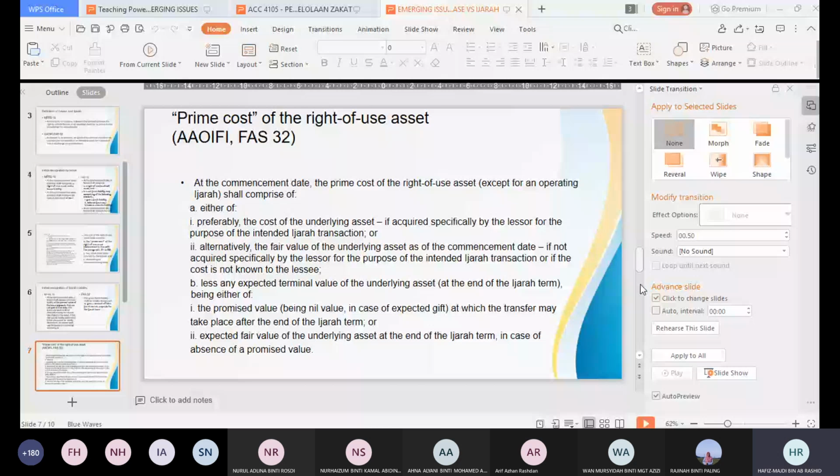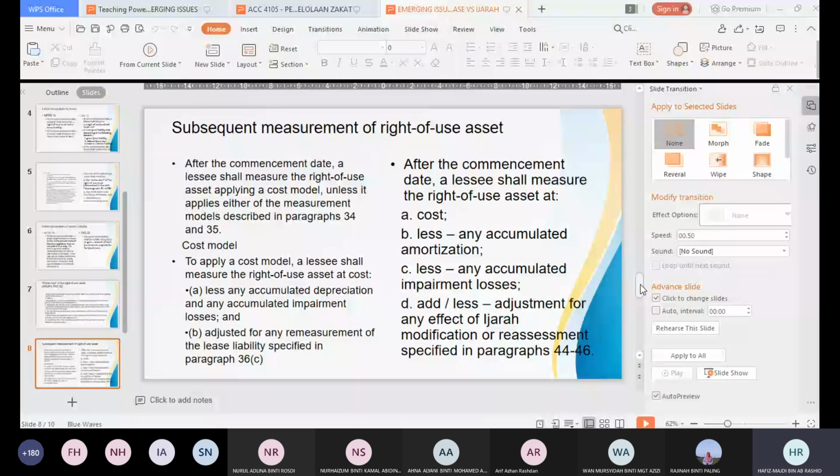For subsequent measurement, I think there is not much problem, because after you measure the cost, you need to use a cost model for subsequent measurement, which is subject to accumulated amortization or depreciation, and if there is any impairment loss, you also need to deduct it. If there is any modification to the lease term, you also need to modify the value of the right of use asset.